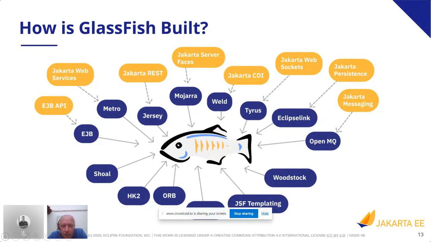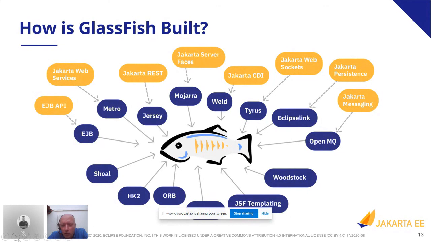For example, on the bottom half of the picture, there's a whole bunch of projects that aren't really Jakarta EE that GlassFish depends on: something called Shoal, which is a clustering implementation, HK2, which is dependency injection. We still have dependencies on the CORBA ORB, which was also an EE4J project, separate to GlassFish.